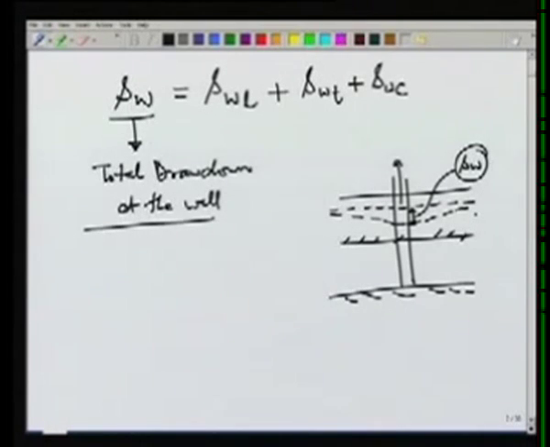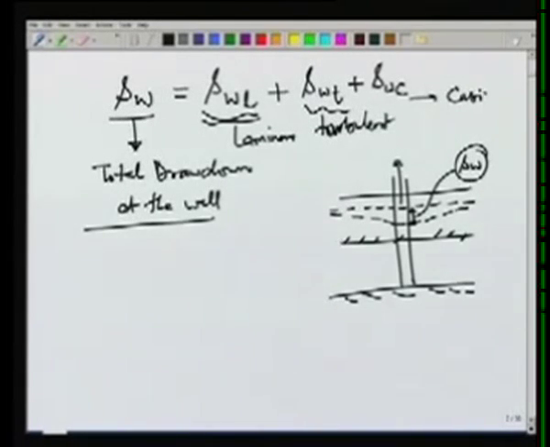So if we say that there is only laminar flow, then there will be head loss or a drawdown because of the laminar flow. This is because of turbulent flow near the well, and this is the loss due to the well casing.